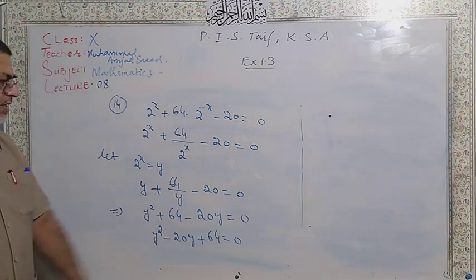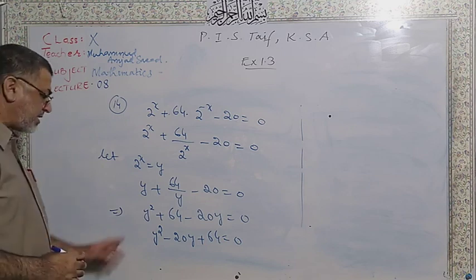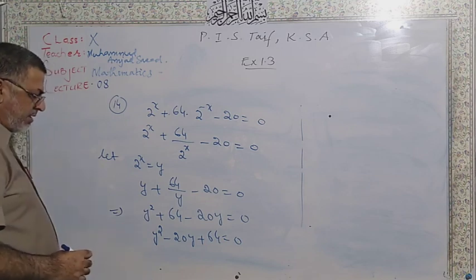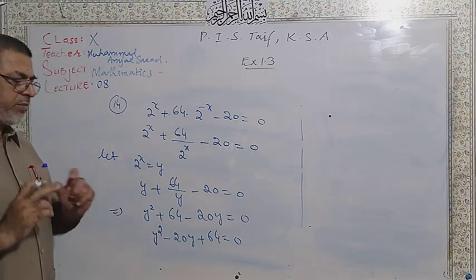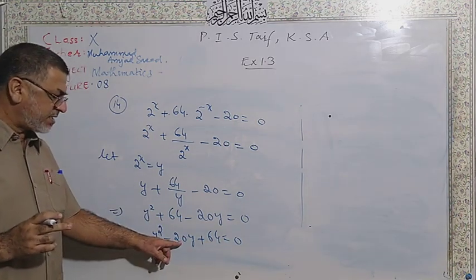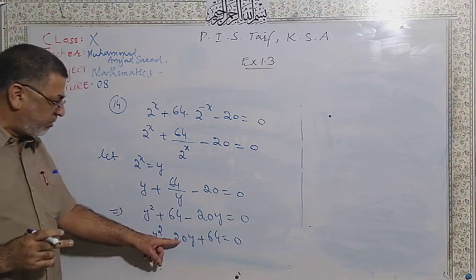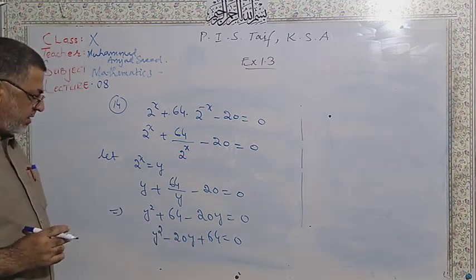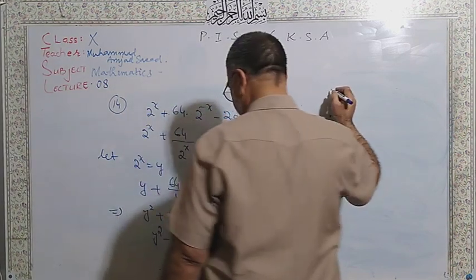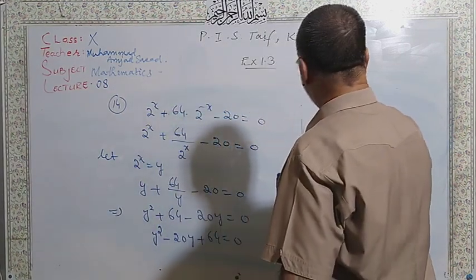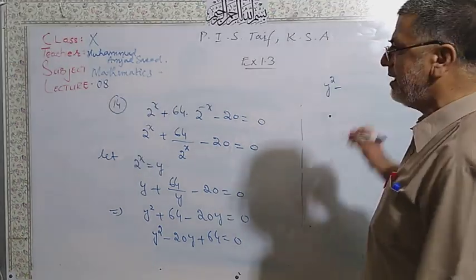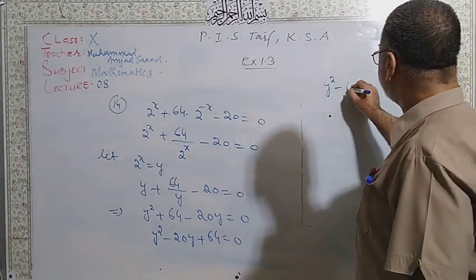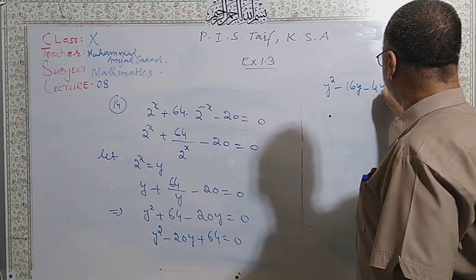You have to make the pairs. First and last are multiplied, and you will get 64. By adding, you must get minus 20. I am writing down directly. Now you have solved so many questions for finding the pairs by the factorization method. So we have minus 16y and minus 4y.